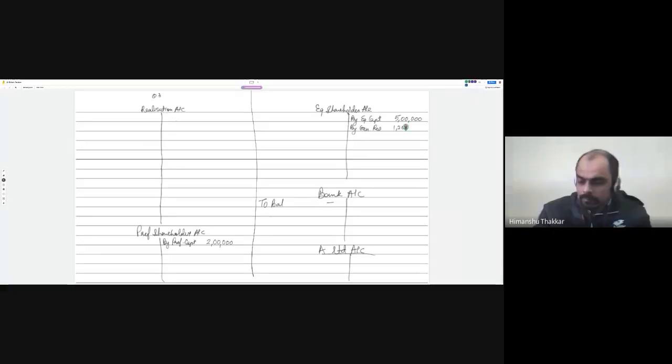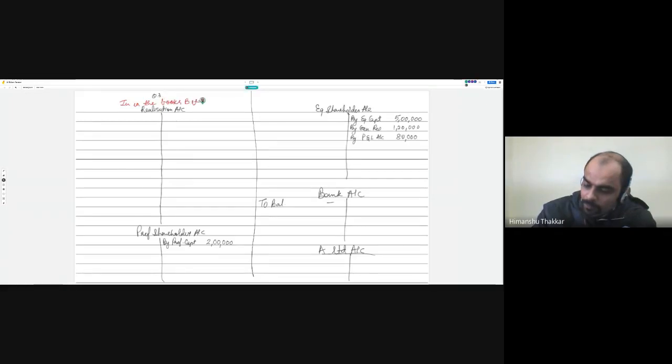Now start transferring assets and liabilities to realization account. Now you need to take old values because you are going to prepare all these accounts in the books of B Limited. So everything will be written in terms of old values because books of B Limited are being closed.